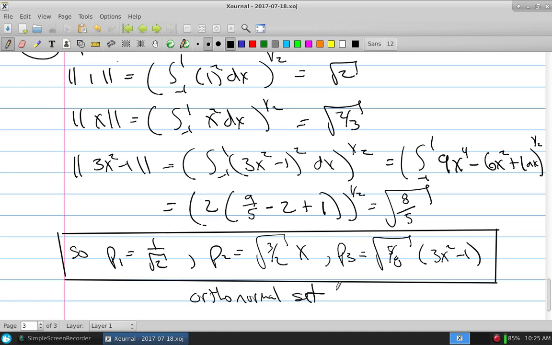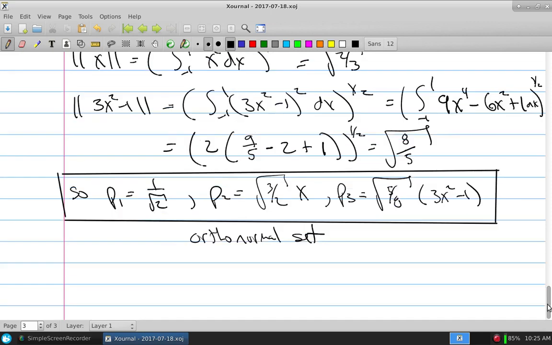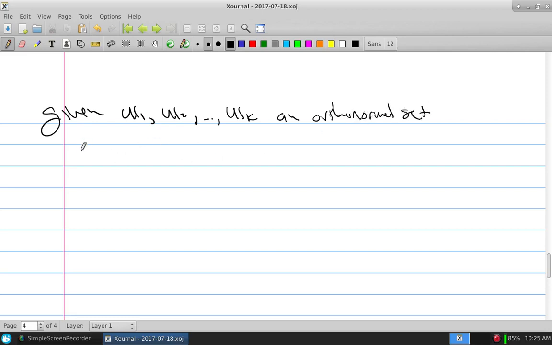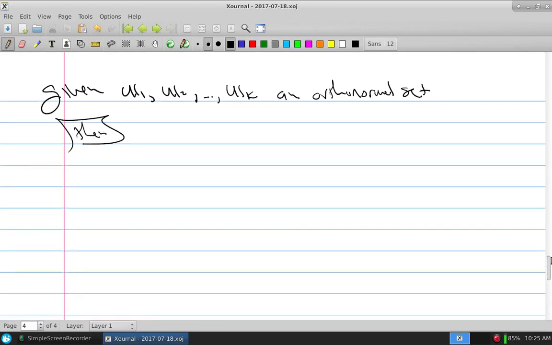Now came what you were asking: don't these form a basis? And the answer is yes. If you're given U1, U2, up to UK, an orthonormal set, then by that theorem that we have, if they're orthonormal, they're orthogonal.